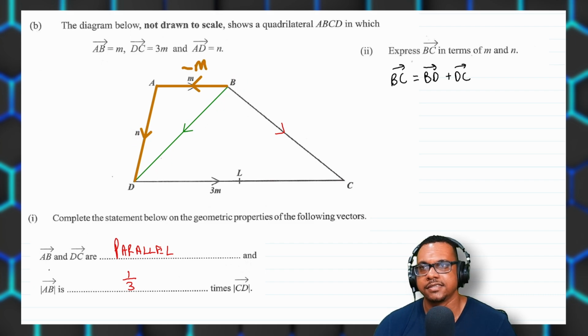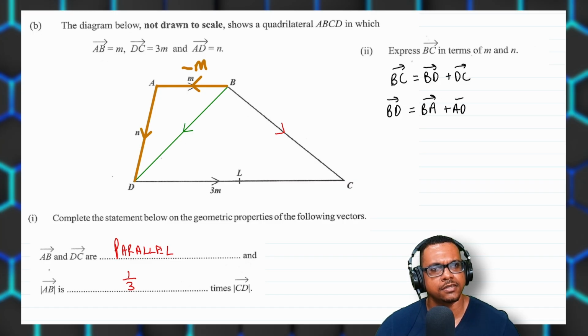So I'm going to write BD is equal to BA plus AD, which is BA, negative M, plus AD, which is N. And if I can write this the other way around, N take away M, or I can leave it like this. All right, so that's BD.